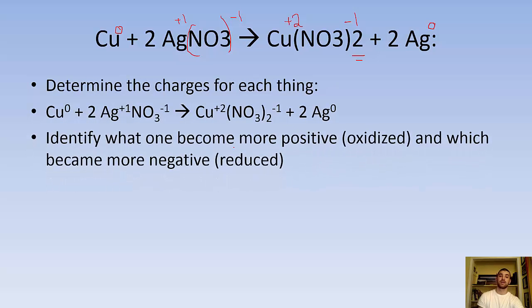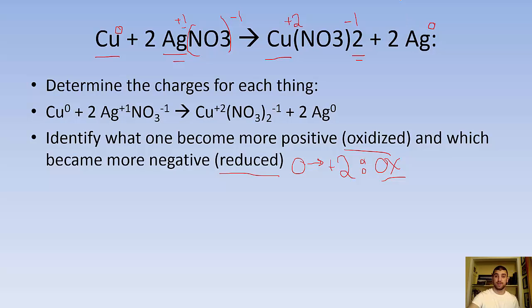Now we want to identify which one became more positive, because that was oxidized, and which one became more negative, because that was reduced. So if I take a look, Cu goes from 0 to +2. What kind of change is that? That is oxidation because it becomes more positive. Whereas silver, Ag, goes from +1 to 0.